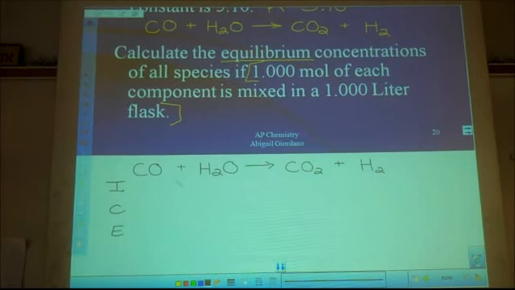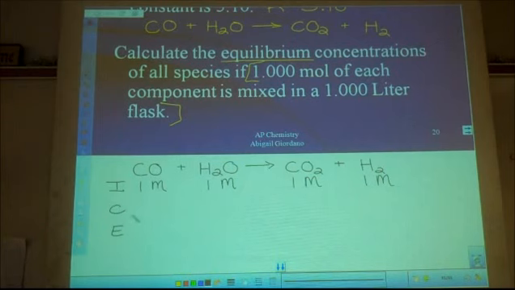What kind of numbers do we put in an ICE table? Okay, molarities. Initially, I have 1 mole of everything in 1 liter. Nice, easy numbers. 1 divided by 1, 1 molar for each component here.